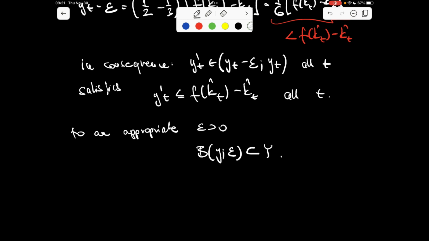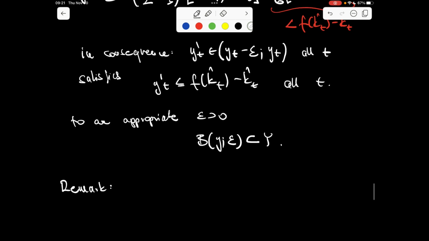So the last thing to check is the remark of the second welfare theorem, which helps us to find a competitive equilibrium. So to check if the remark holds, we need to find a cheaper point. A cheaper point is needed.